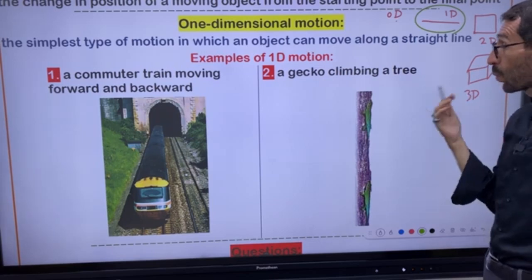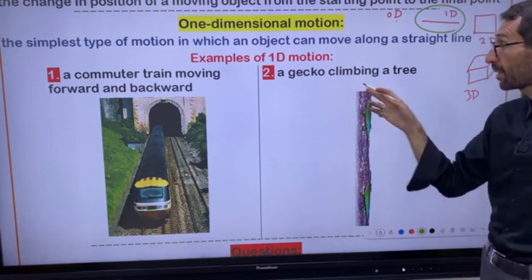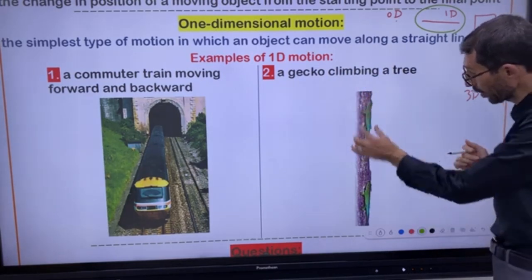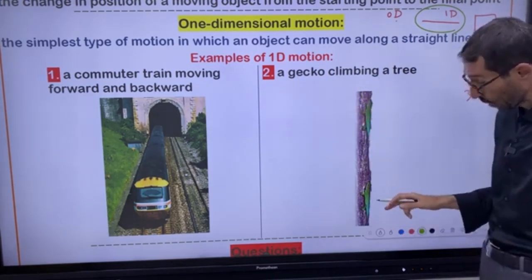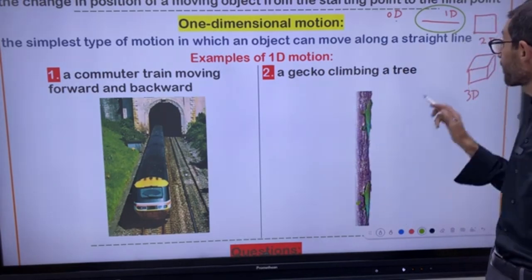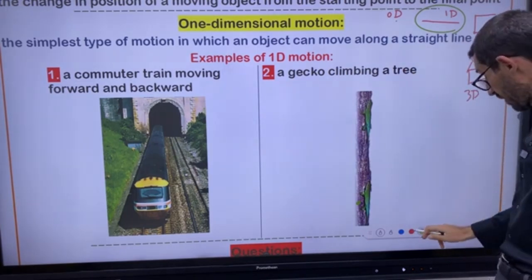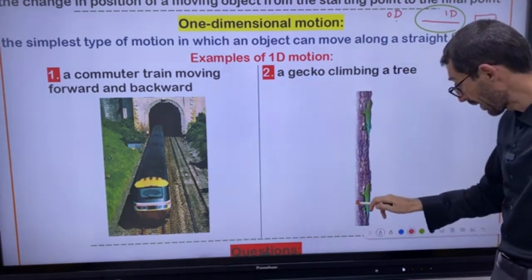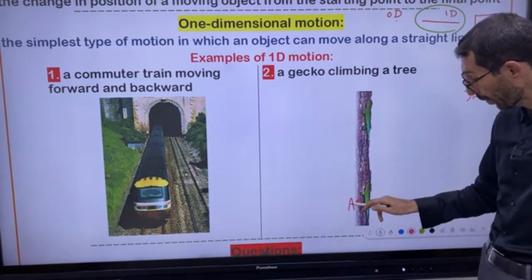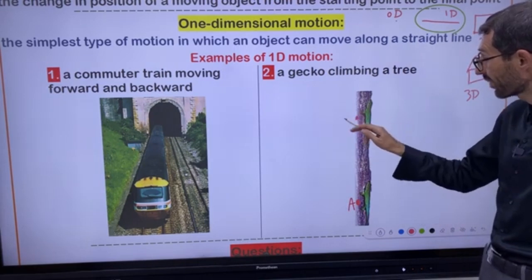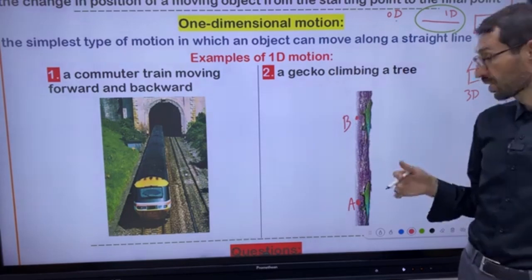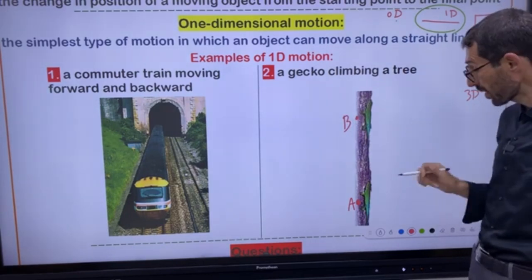Regarding one-dimensional motion, we have another example: a gecko climbing a tree. We have the trunk of a tree, right? And this gecko starts its one-dimensional motion from this position. The gecko changed its position from, for example, point A to point B. So motion means change in position of an object from a starting point.